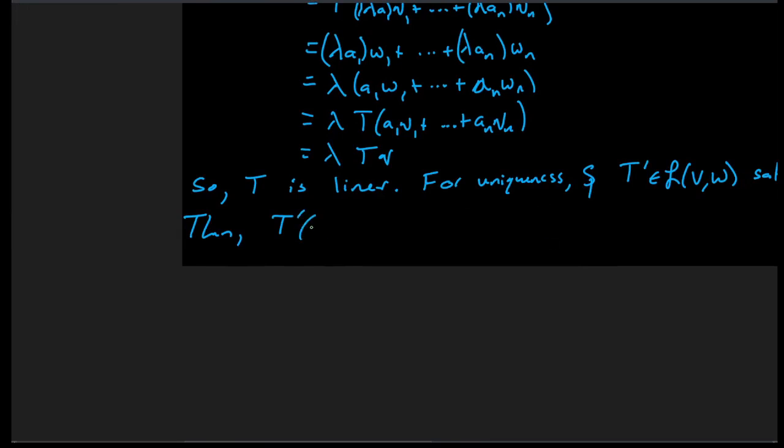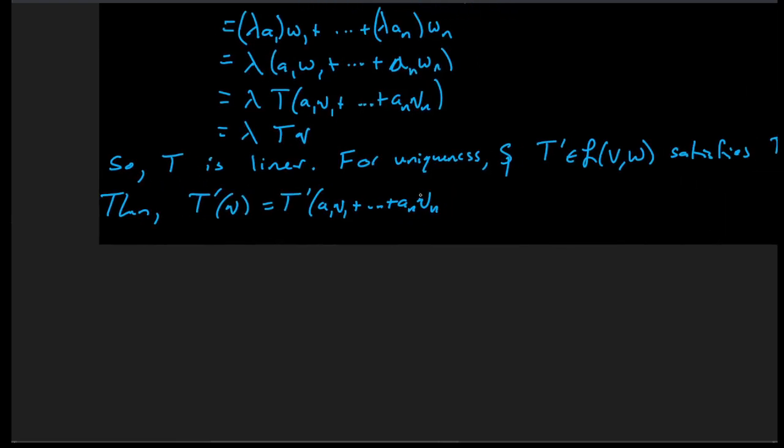Then T prime of V is just equal to T prime of A1 V1 plus all the way down to AN Vn for some field elements, since you can write any V in the vector space as a linear combination of the basis elements. Okay, cool.